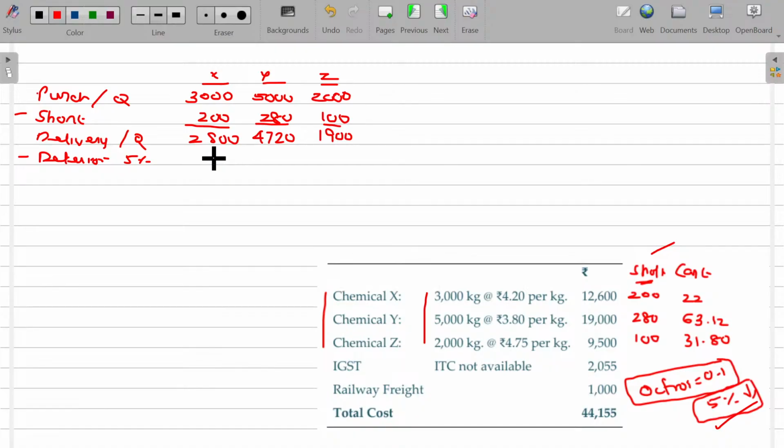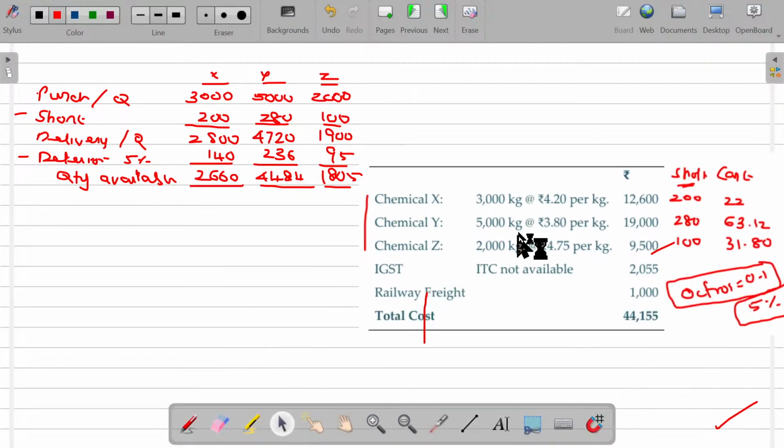On this 5%, 140 may be lost, 236 may be lost, 95 may be lost. Finally, the quantity available for the real supply being 2,660, 4,484, 1,805. Hope now you'll be able to understand this one.